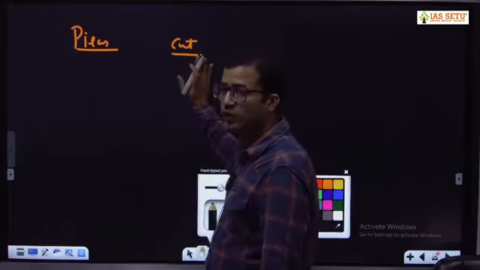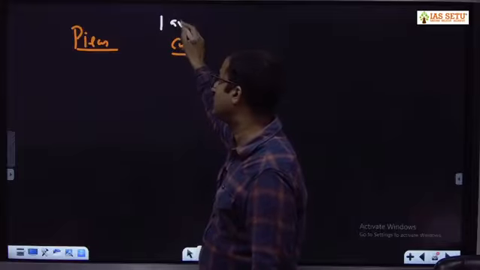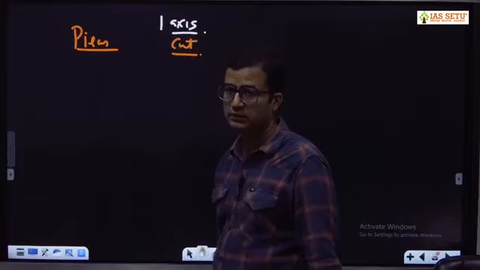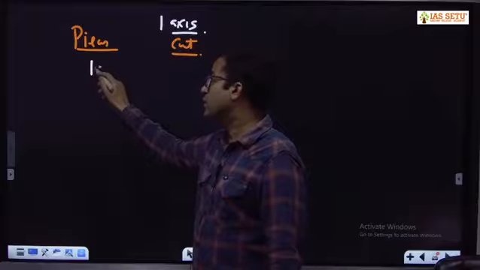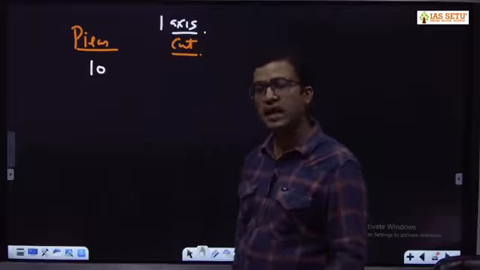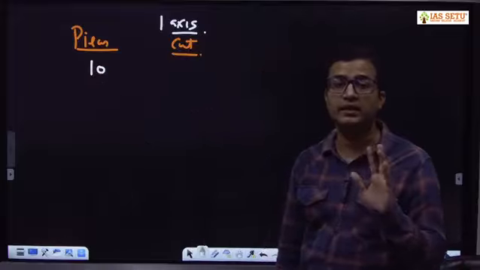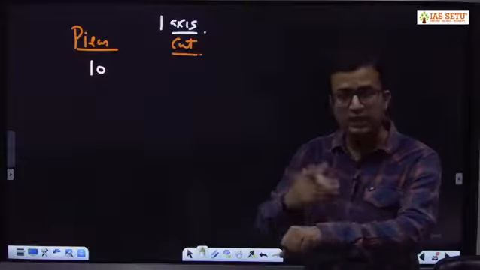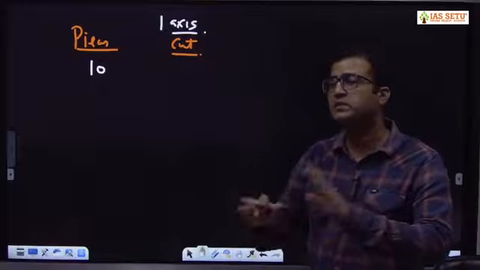I will talk about one axis first, because it is easy to understand. Now if there are 10 pieces and I have to use only one axis, how many cuts can I make? 9. 9 cuts give 10 pieces. 10 pieces require 9 cuts.